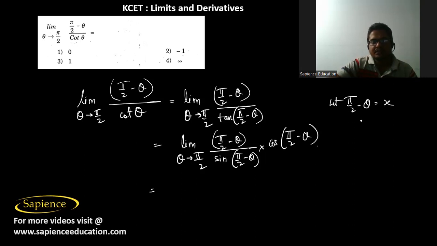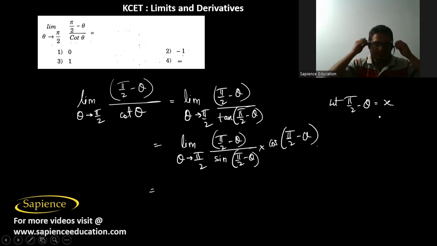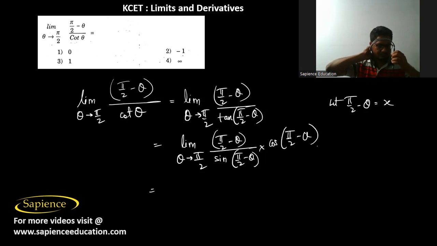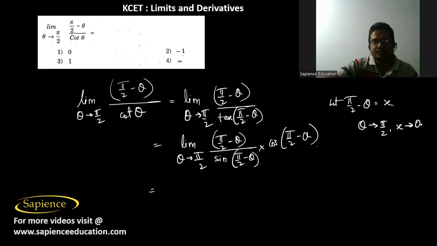Then when theta tends to pi by 2, x will tend to 0. So we can write this as limit x tends to 0 of x by sin x into cos x.